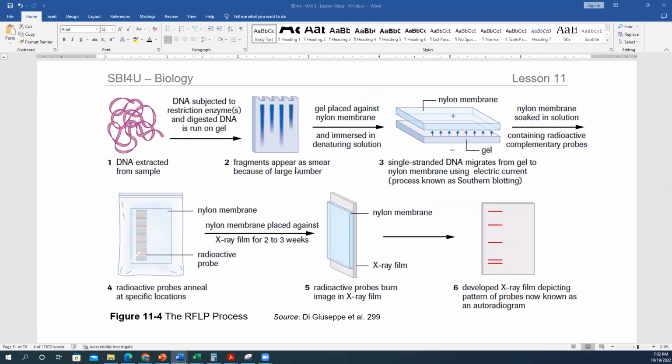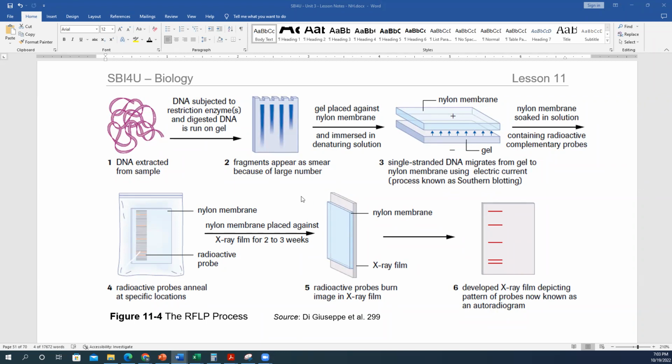Then you take the gel and place it against a nylon membrane, and you subject it to chemicals that denature and open up that DNA into single-stranded DNA. You apply current that makes the single-stranded DNA migrate from the gel and bind to the nylon membrane here.